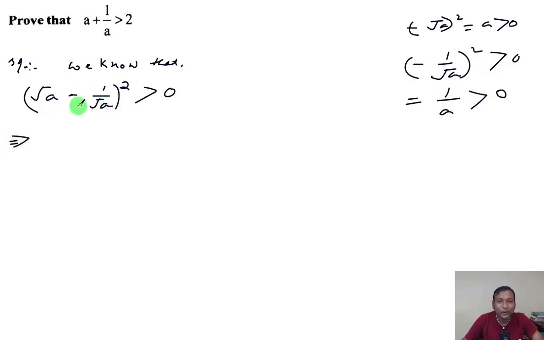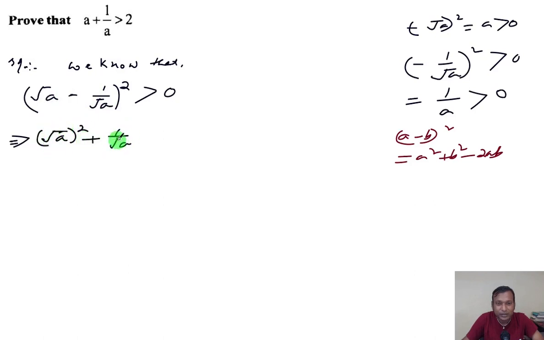Here this is of the form a minus b whole square, and we know what a minus b whole square is. It is a square plus b square minus 2ab. So this can be written as root a square plus 1 by root a square minus twice ab greater than 0.